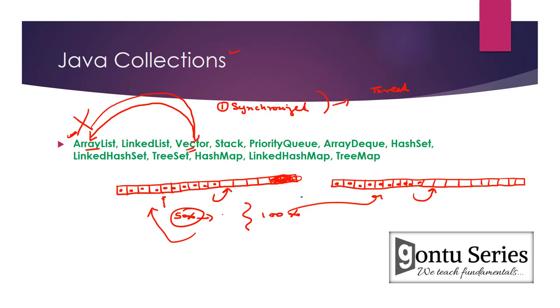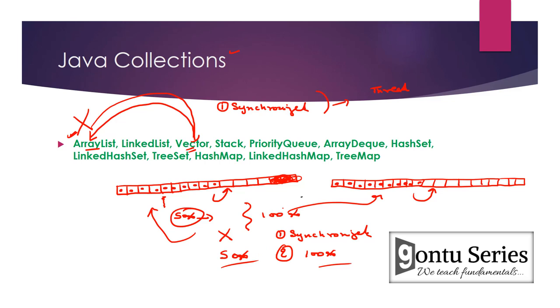So what are the two important differences between a vector and an ArrayList? A vector is synchronized, and a vector is always incremented by 100% when its capacity is filled up and you try to add a new element. An ArrayList is not synchronized, and it is always incremented by 50%.